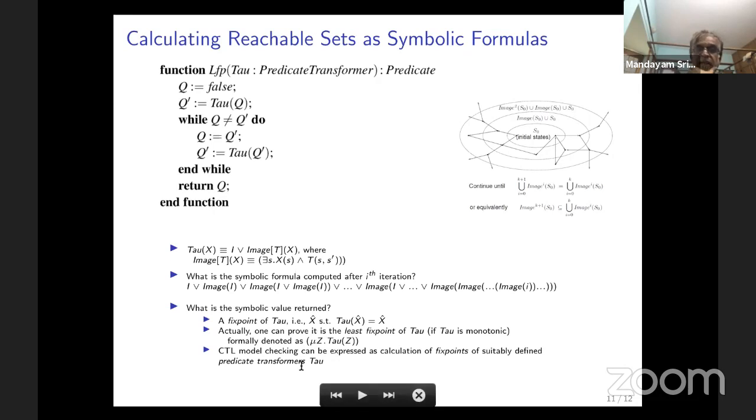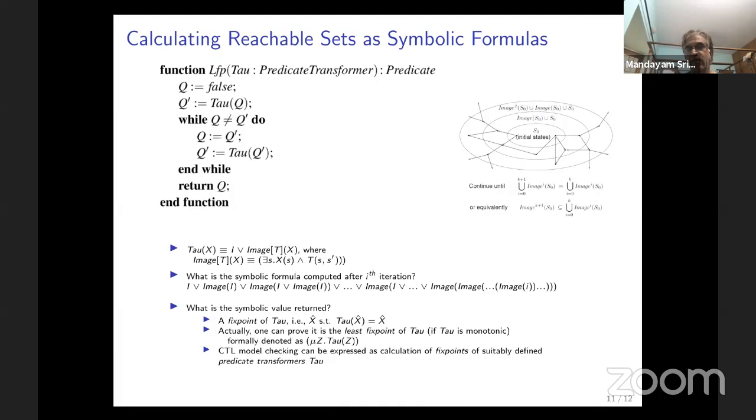As I mentioned, CTL model checking can be expressed as calculation of fixed points of appropriately defined predicate transformers. We will see that for each CTL operator, we define a predicate transformer. The structure of the algorithm is as shown here, parameterized with respect to tau. It's the tau operator that varies from one CTL operator to the next.